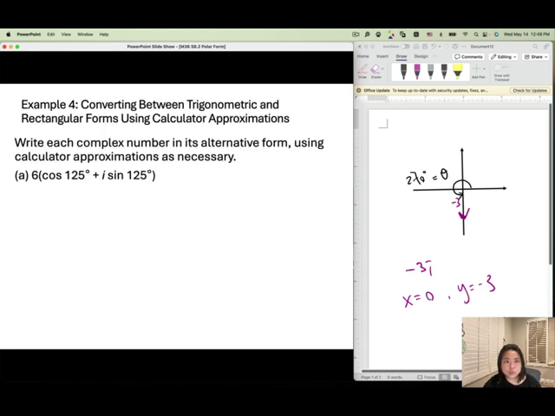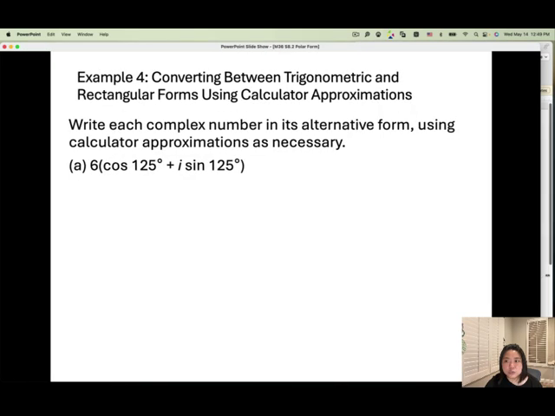Last one. Write each complex number in its alternative form using calculator approximation as necessary. Okay, I want you guys to try, do it by yourself. You need to use the calculator.